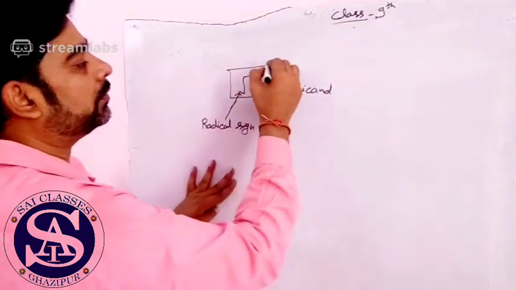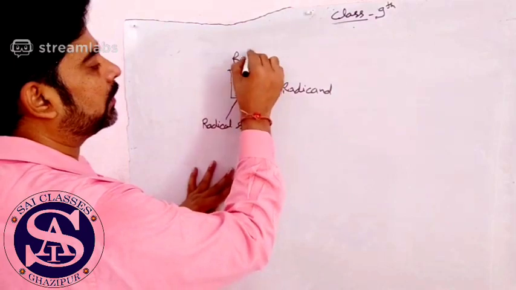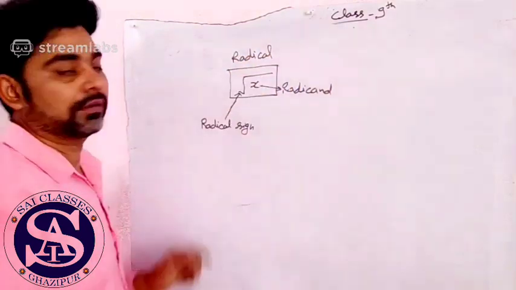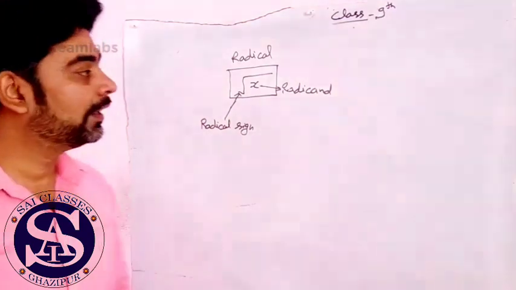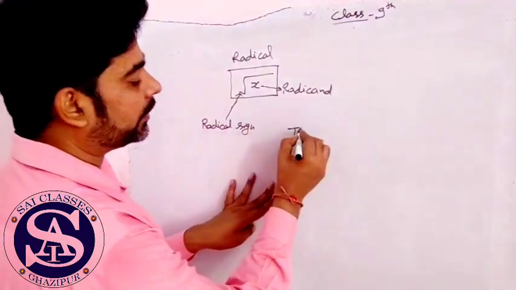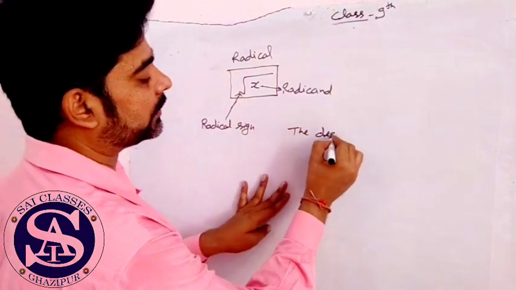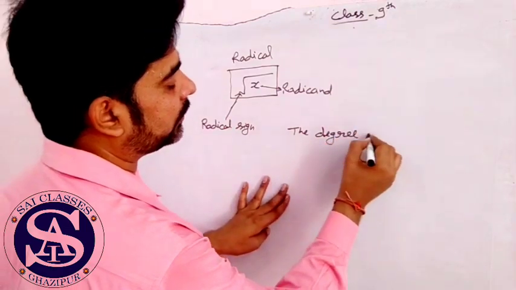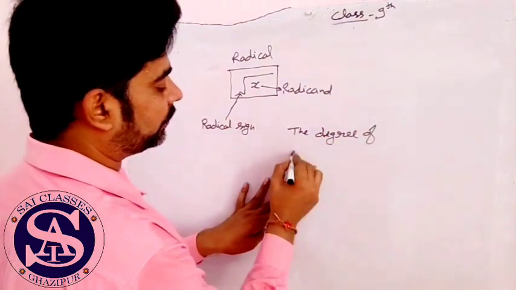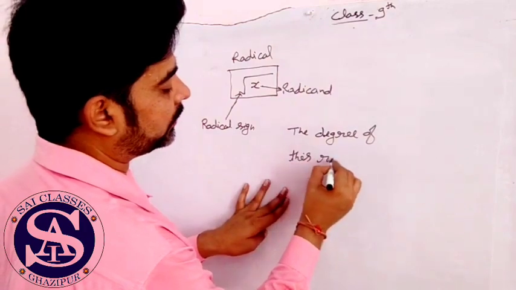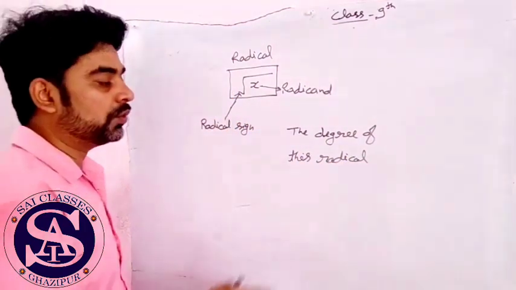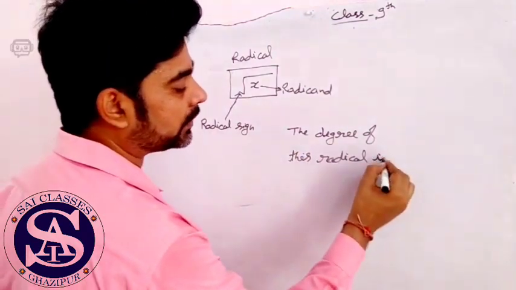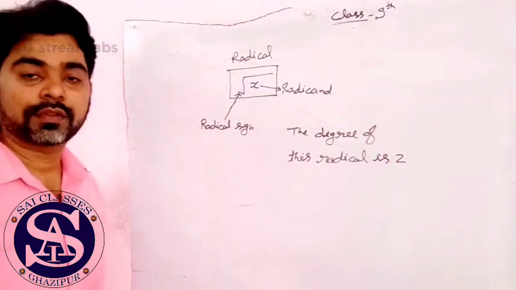And this whole term is called the radical. And the degree of this radical is what? Since it is a square root, the degree of this radical is 2.